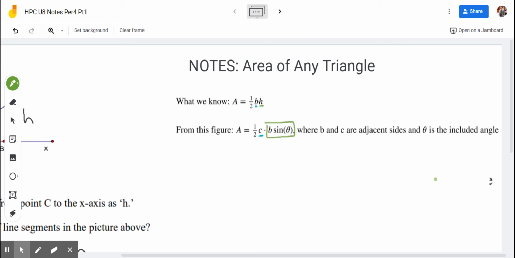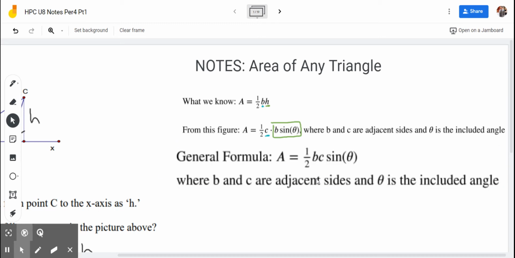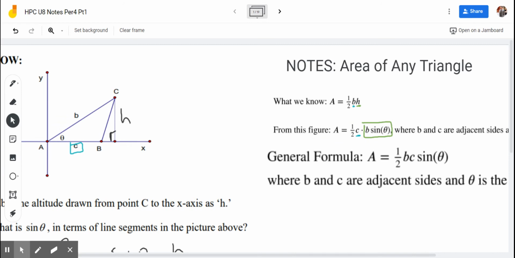So the more general formula, the way you'll see it written for any triangle, is area of a triangle is equal to 1/2 b times c times sine of theta. If we look at the way it is here, b and c are side lengths of the triangle, and theta is an angle.